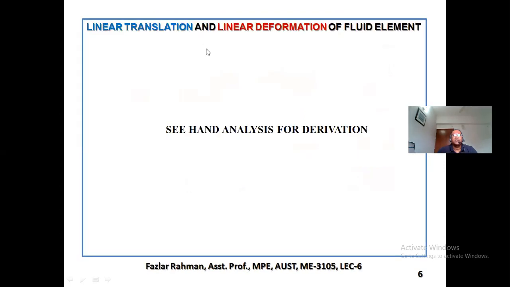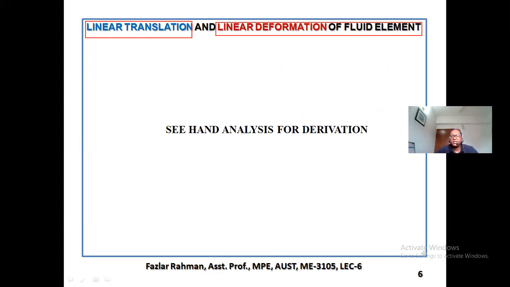And we'll derive some equations. It's called linear translation. When there will be a linear translation and linear deformation of a fluid element, we will check it. Okay, so we have the time, right? Oh, almost, a little bit of time we have. Okay, one second.